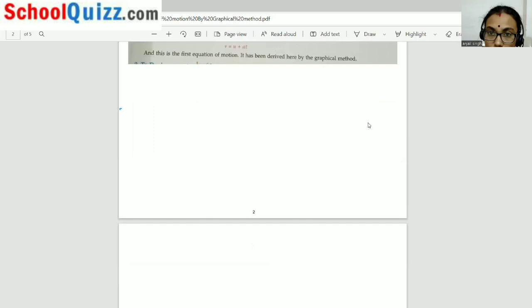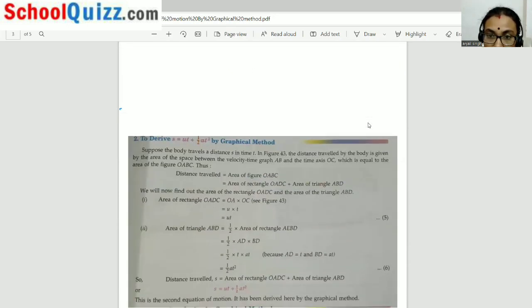Clear? So you can see in the figure, first they divided it in the form of a rectangle, as I explained, and then into the form of a triangle. So first we will solve for the rectangle. The rectangle is length into breadth.